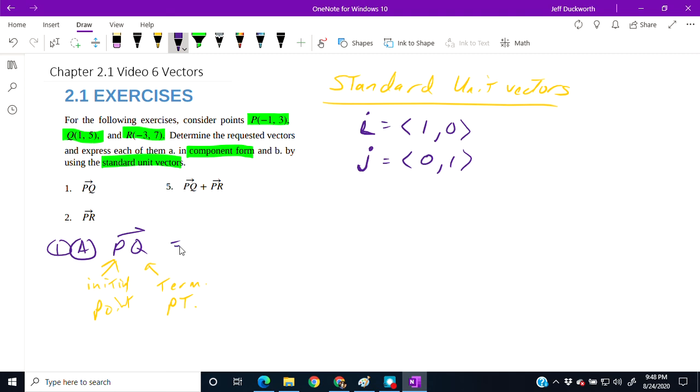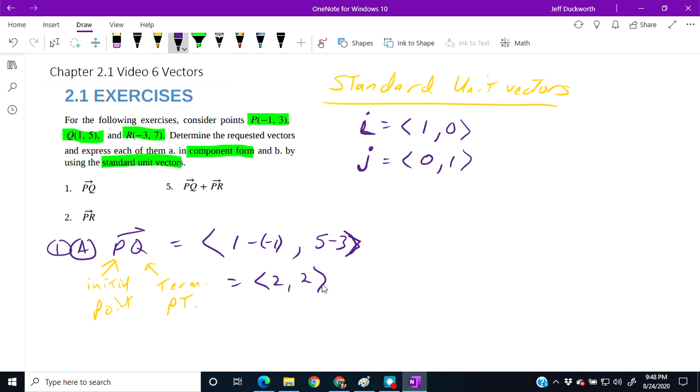So this equals the value of x at Q minus the value of x at P, which is going to be 1 minus a -1. And that's our x value for this. And similarly, this is going to be the y at Q minus y at P, which is 5 minus 3. And this equals 2, and it looks like another 2. So that's what we get for number 1 as far as what it is in the component form.